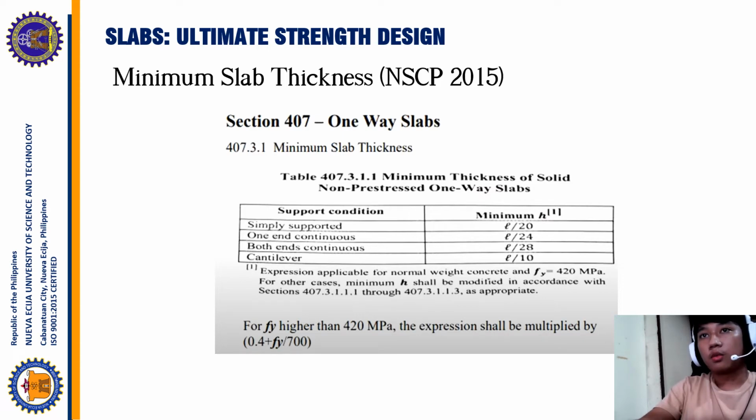L over 24 for one end continuous. If both ends are continuous, we have the minimum H of L over 28. And for the cantilever, we have the minimum H of L over 10. So let's take note of this one.